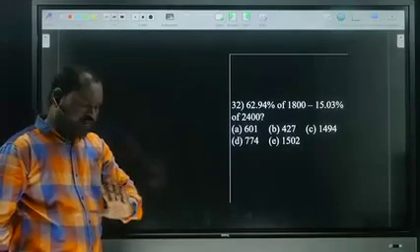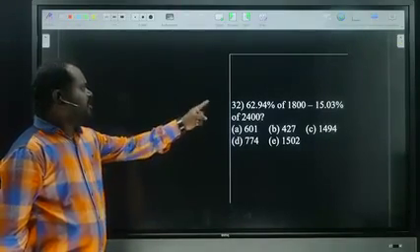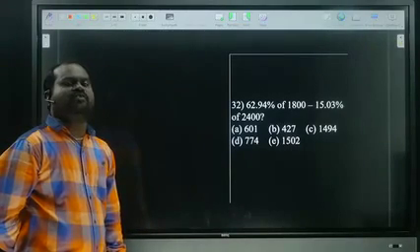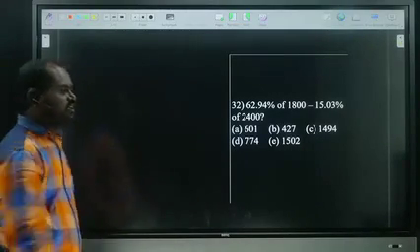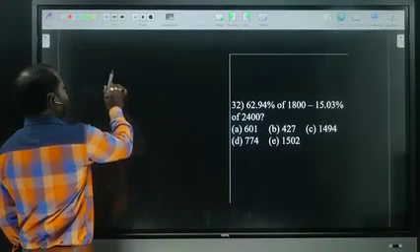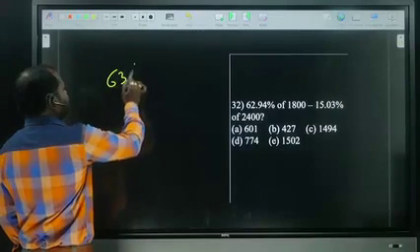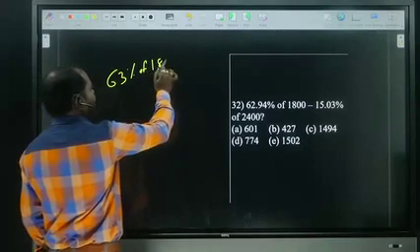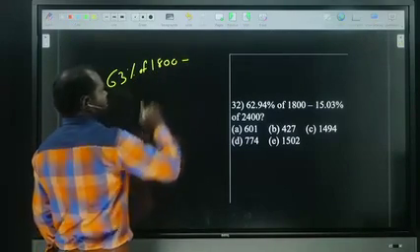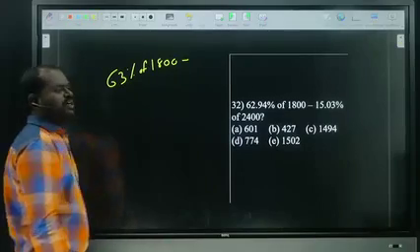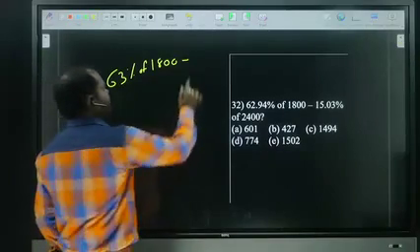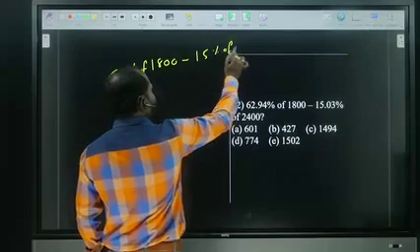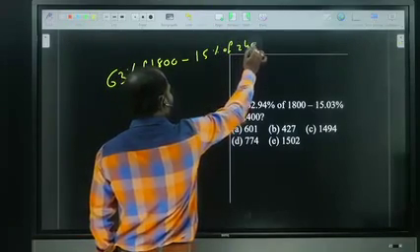While solving, round off. 62.94 we can round off as 63. So we can take it as 63% of 1800 minus 15.03, we can take it as 15% of 2400.